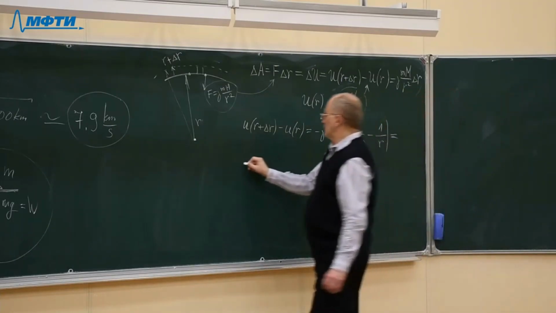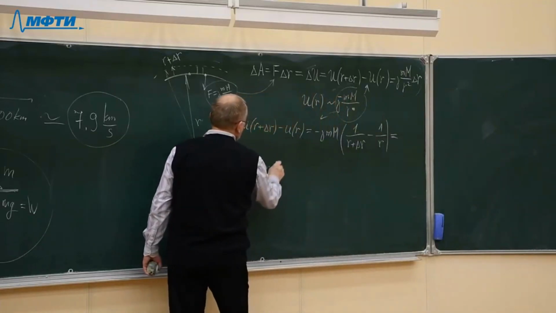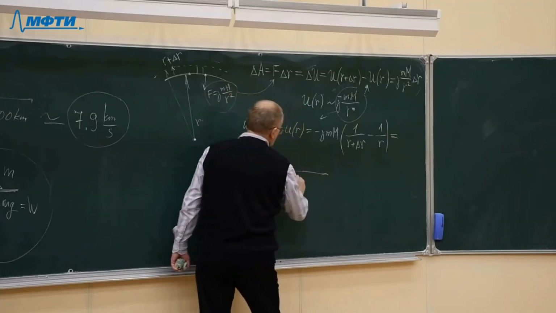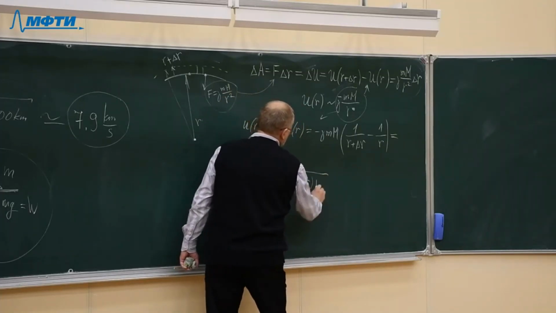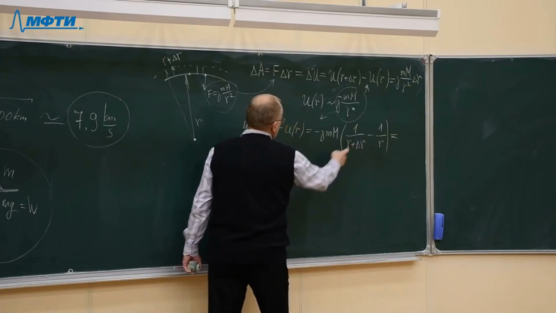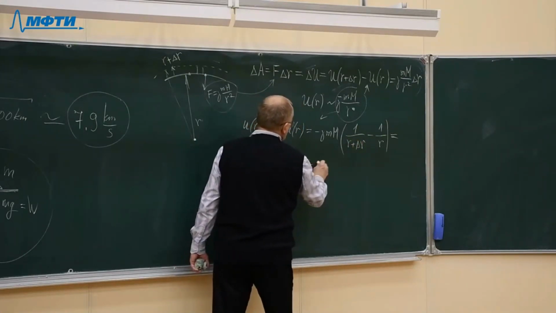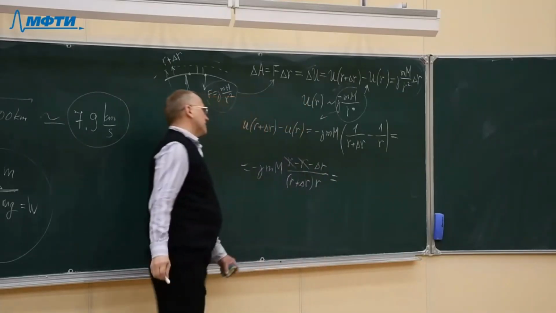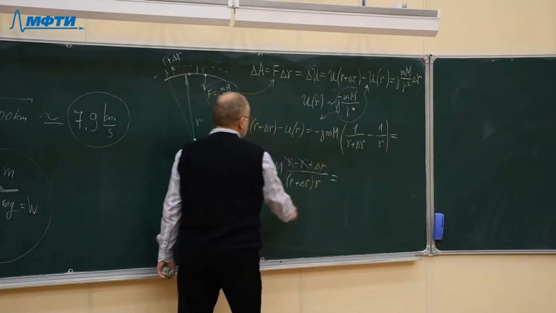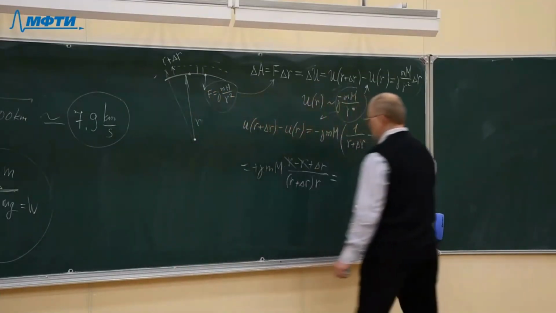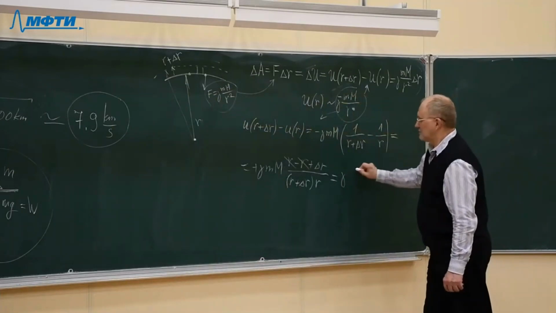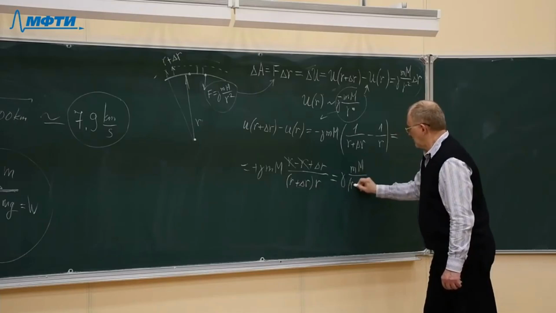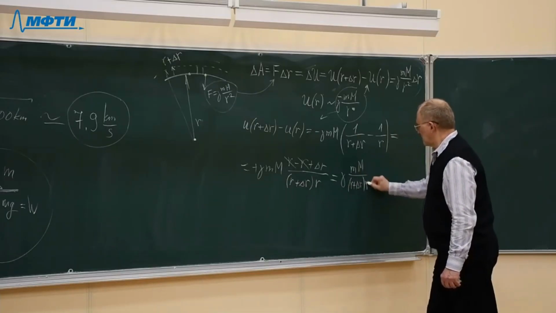If we calculate it, we obtain minus gamma m capital M times, in the denominator, r plus delta r times r, and in the numerator r minus r plus delta r. So r is cancelled. This minus and this minus give you a plus. And what we have finally is gamma m M delta r over r plus delta r times r.